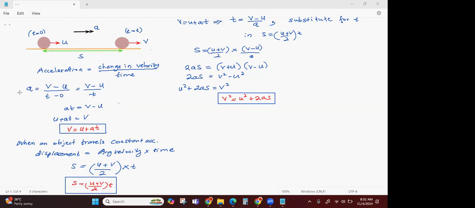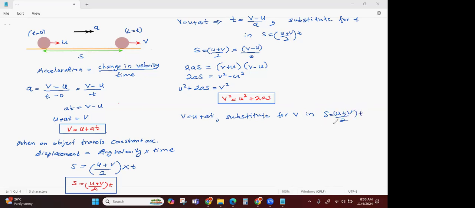And the next thing, v equals u plus at, right? So here I'm going to substitute for v in s equals u plus v divided by 2 into time.